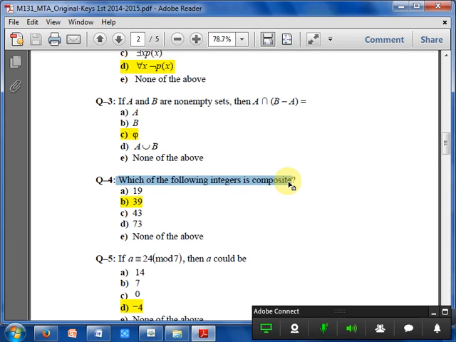Any number which is divided by 1 and by itself is a prime number, like 1, 3, 5, 7. Other than this are composite numbers.